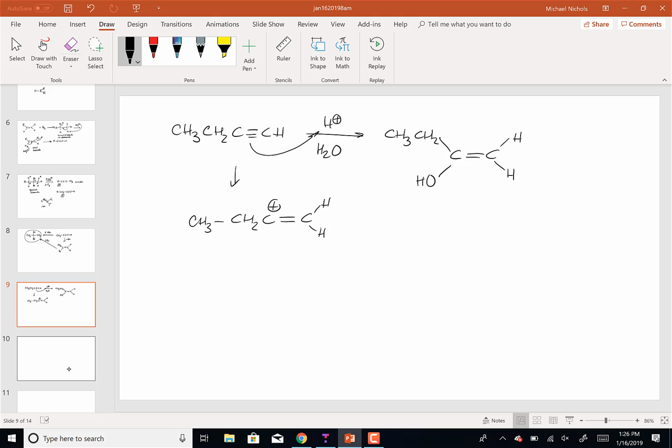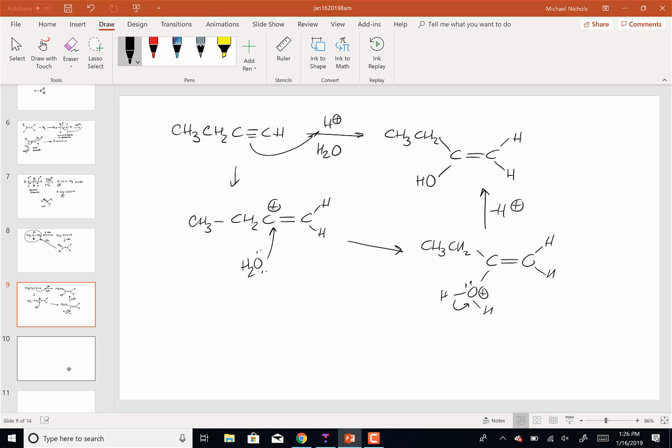So then what would we do? Then we would add our H2O to that carbocation. We would form an oxonium ion, and then with the double bond, I would lose my H plus to get me to that molecule.